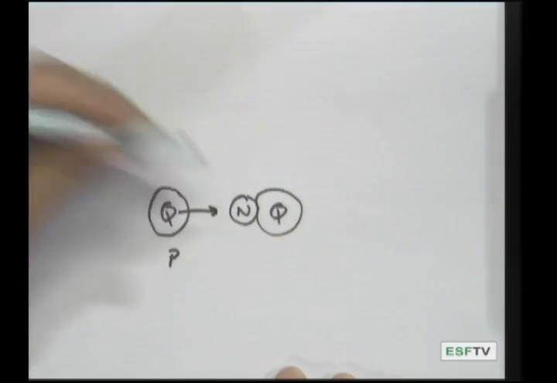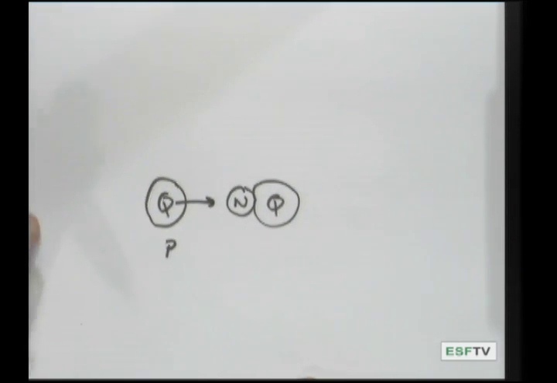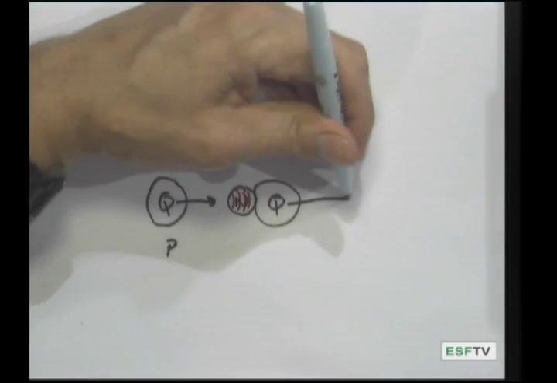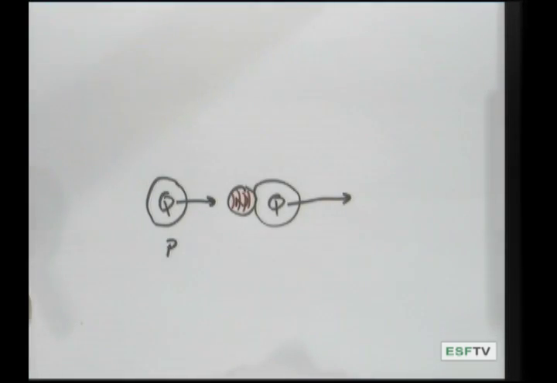When the quarter impacted the nickel, you had a wave of elastic recoil that spread through the nickel and imparted momentum to the other quarter. And when that momentum was imparted to it, the quarter recoiled from the coin.